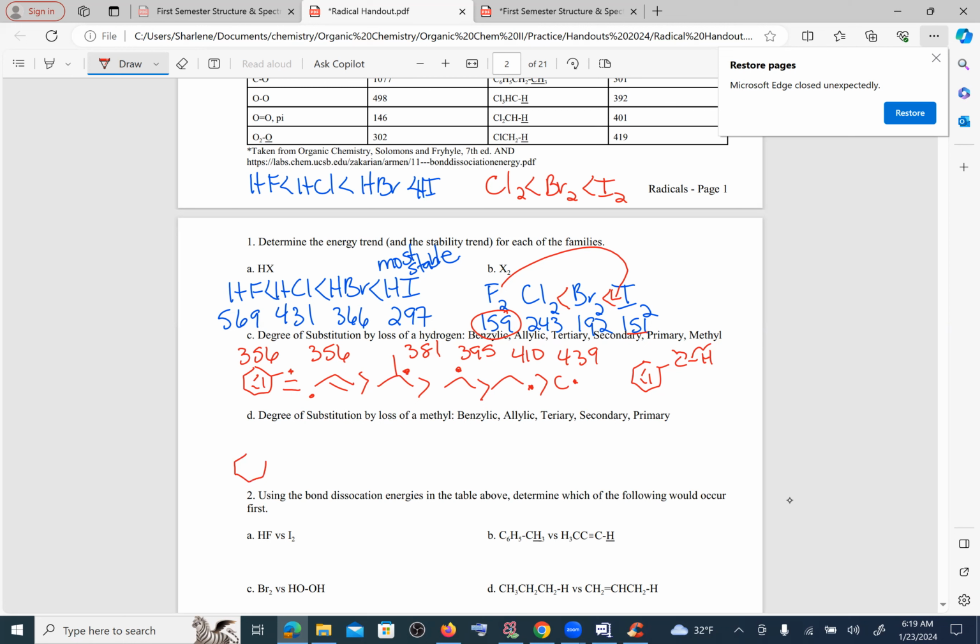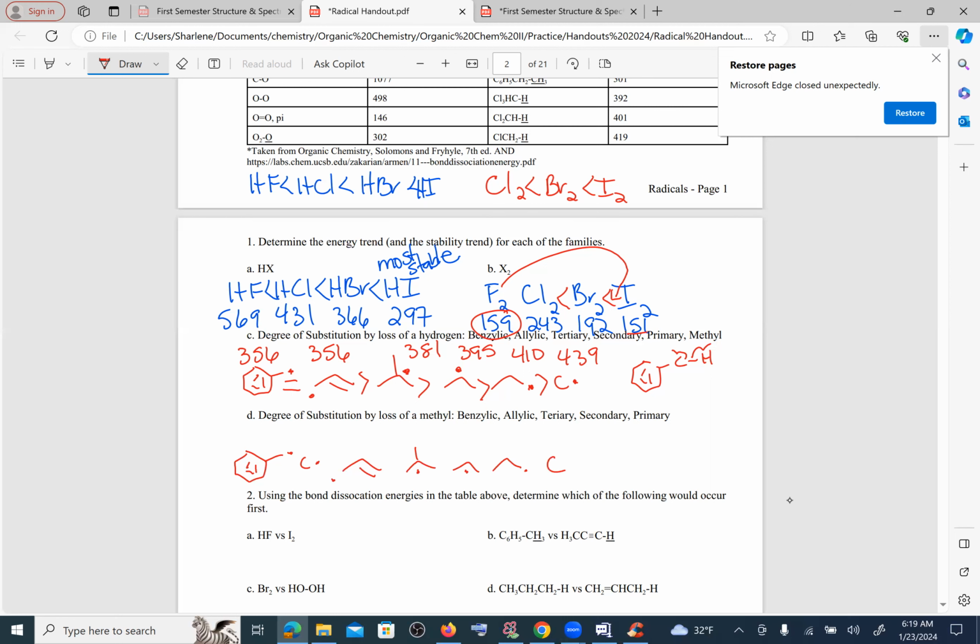So again, let's go benzylic. Okay, so I'm actually going to end up with a carbon radical as well. And it will be the same for all of them. And the question is, really, would that make a difference?